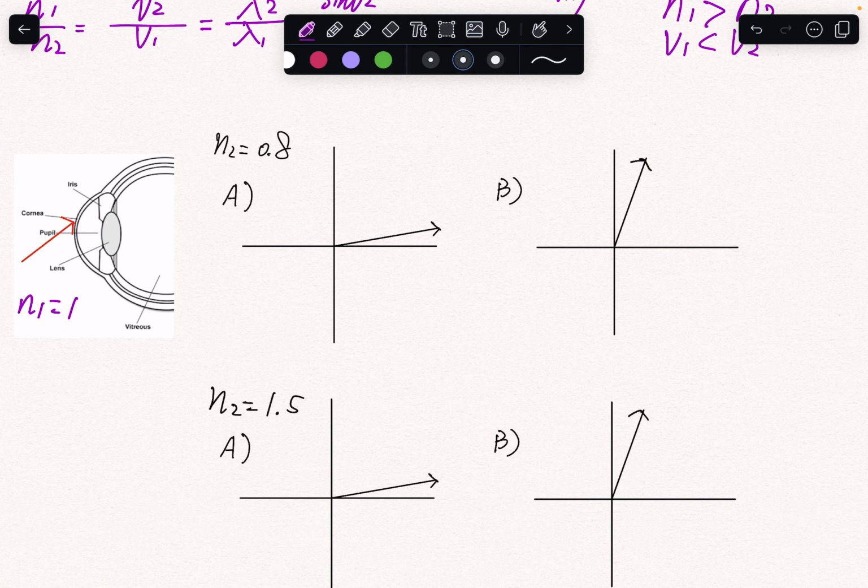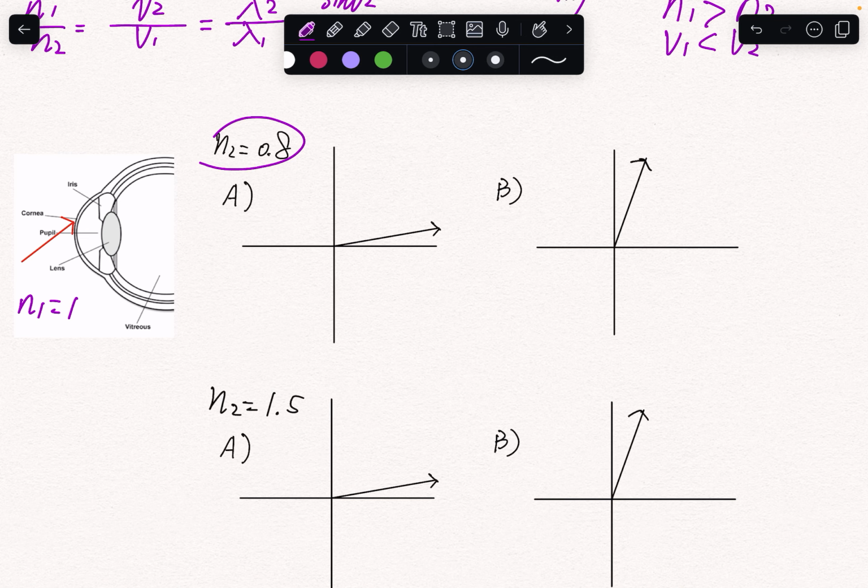So light is coming from air, hitting your cornea, and then it refracts. And the liquid inside your eye, whatever that liquid is, let's assume that n2 equals 0.8, which is less than the refractive index of air.